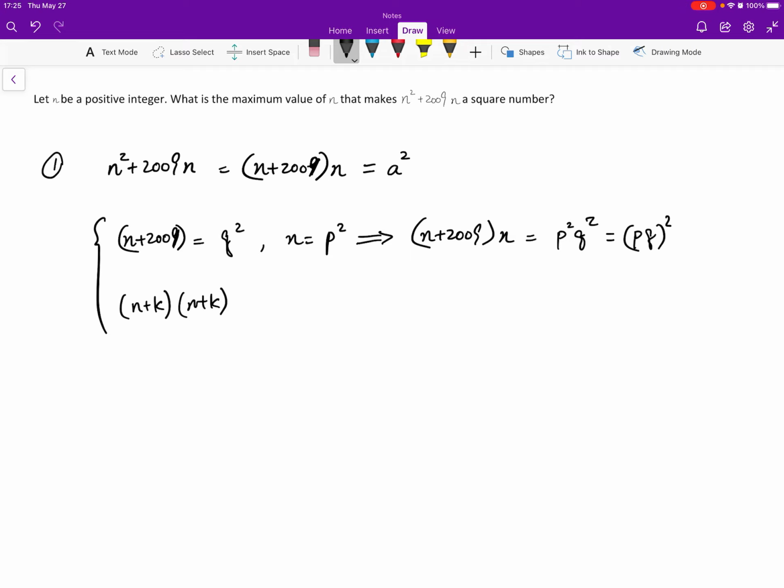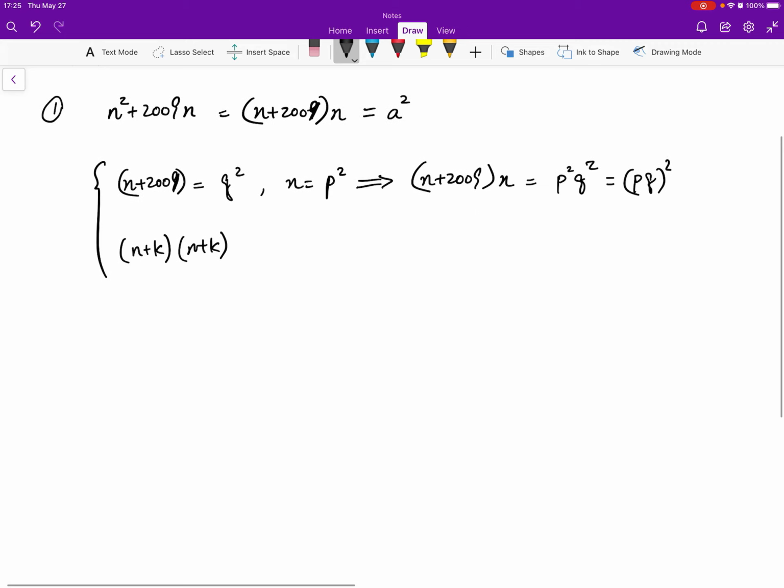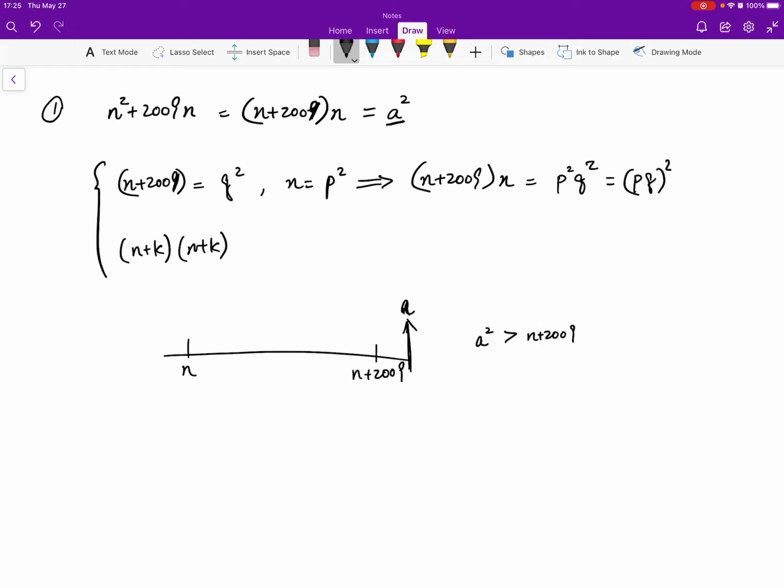So these are the only cases, because it's impossible for that square number a to be outside of the range between n and n plus 2009. Let's say a is out here. If that's a, then a squared is bigger than n plus 2009 squared, and it's bigger than n times n plus 2009.